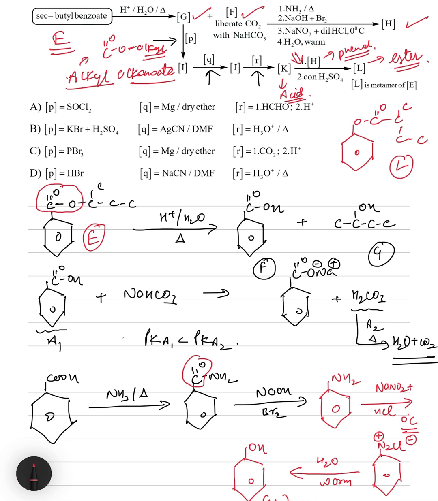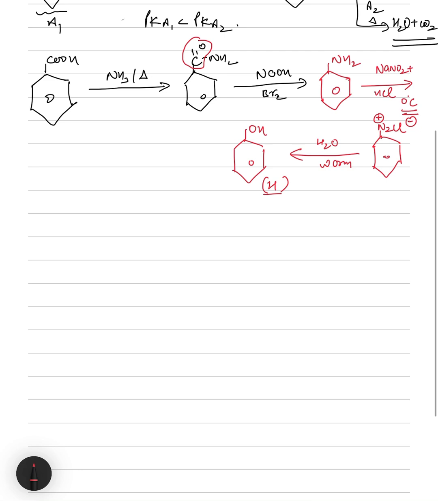Now, to obtain the L compound, we are using phenol, right? And K should be acid. That means the compound K should comprise this part. Just a second, let me draw it again. This is the L compound which we have obtained, right? Like this.